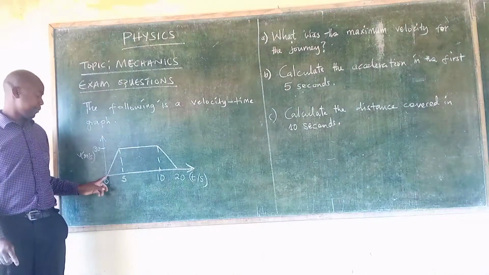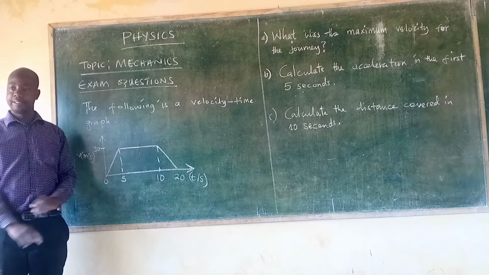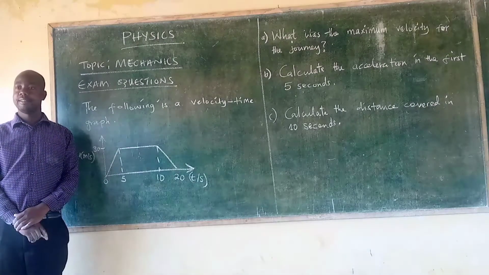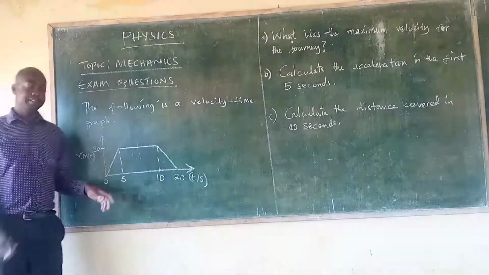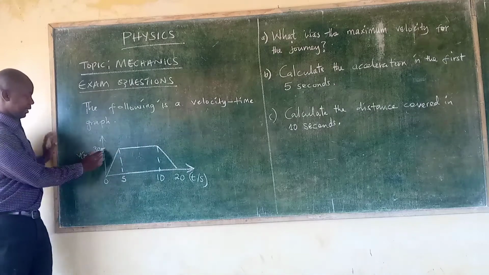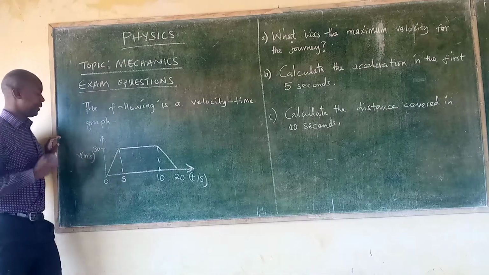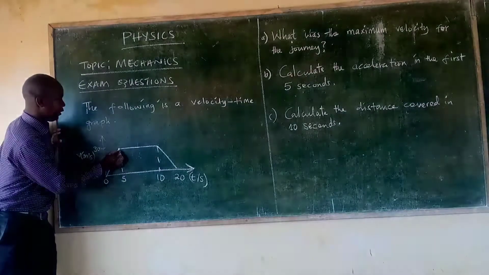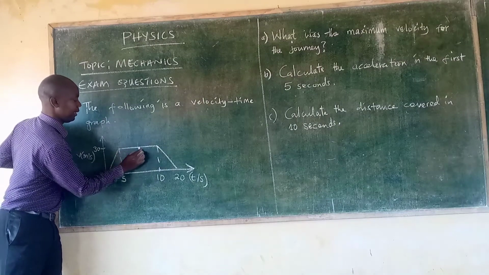What is happening from here to there? There is an acceleration, right? From 0 meters per second to 30 meters per second. Then from this point to this point, what is happening?